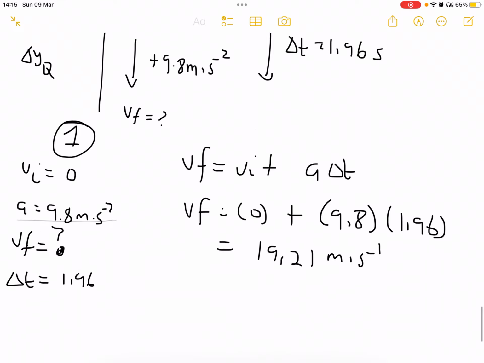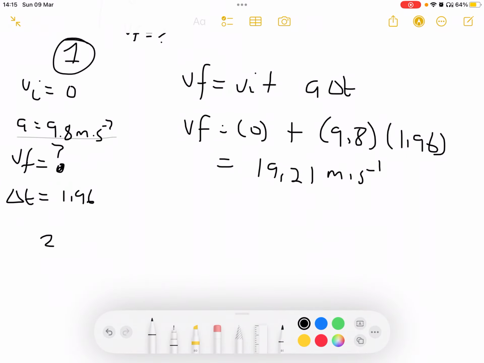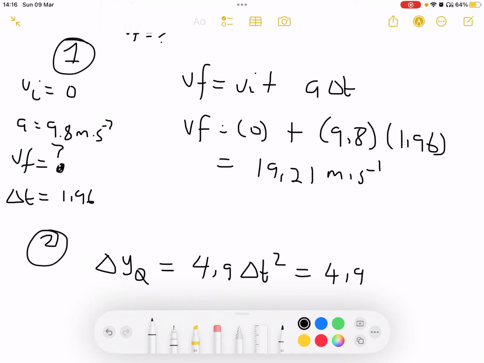Case 2, we can use delta y of Q, which we said is going to be 4.9 delta t squared. And we substitute 4.9 multiplied by 1.96 squared. So basically we're still using the time here.